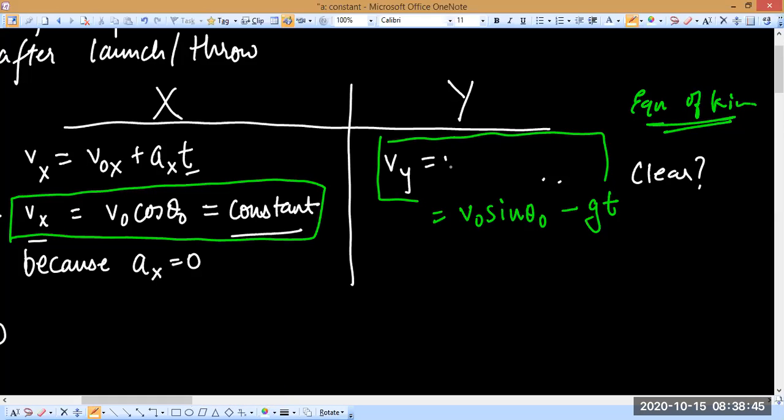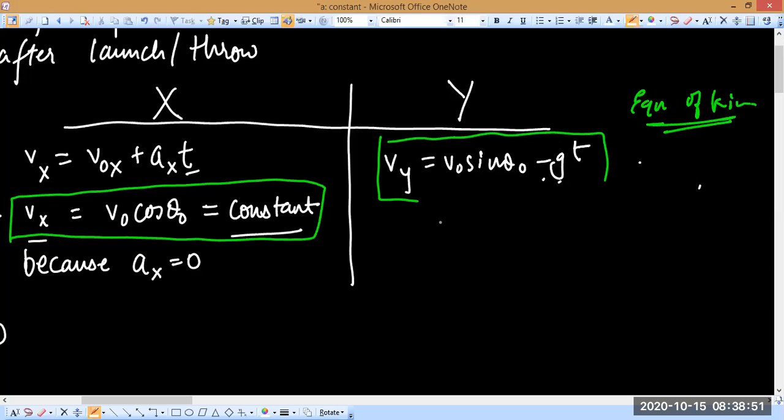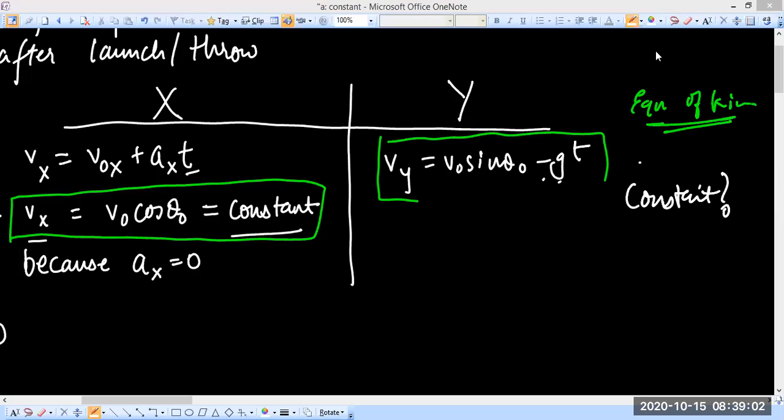All right then. So V0 sine theta 0 minus gt. Now, is this a constant? I'm asking you, is this a constant? Yes or no? No, because you can see there's t in it, right?